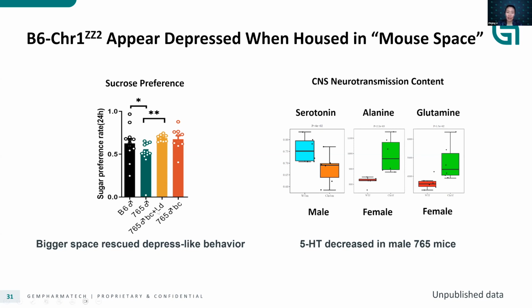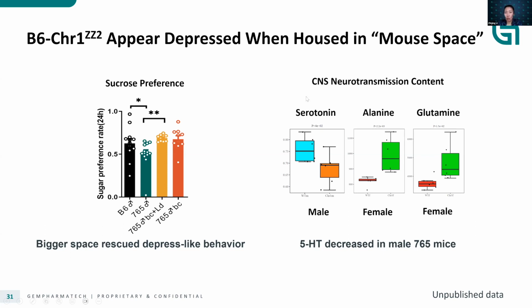But when they're given back a large cage to live in, the BC, the big cage, the ZZ2 mice were able to show a similar sucrose preference to the B6 males.